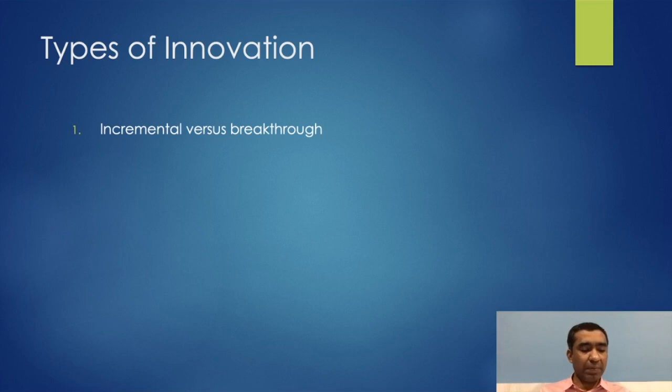Incremental and breakthrough innovations are very important and very clear, and we all do that. For example, if you already have a product, such as Microsoft Windows, we know that it started with 95, and then 2000, and now we have a new version of that existing product every year. When Windows was introduced to the market, it was a breakthrough innovation because it was an entirely new product to the market.